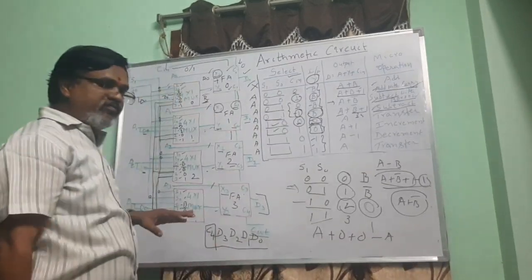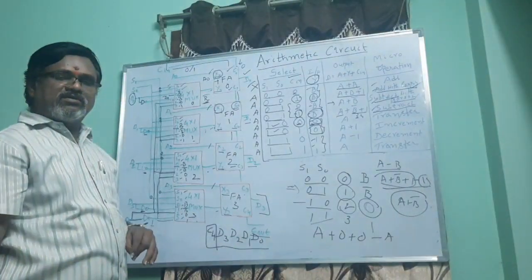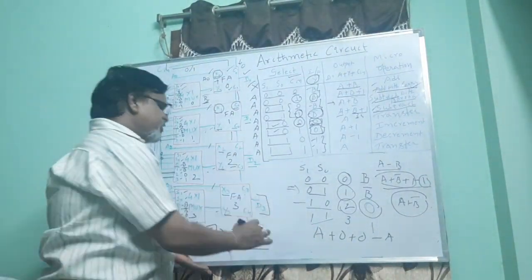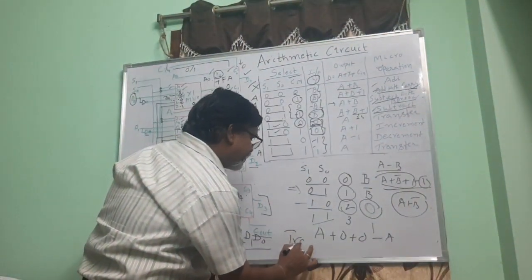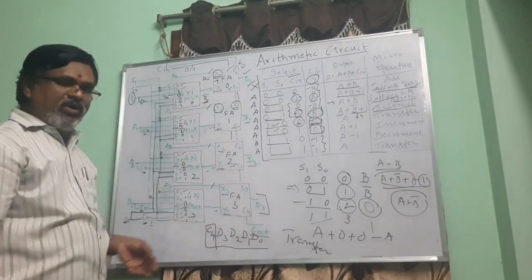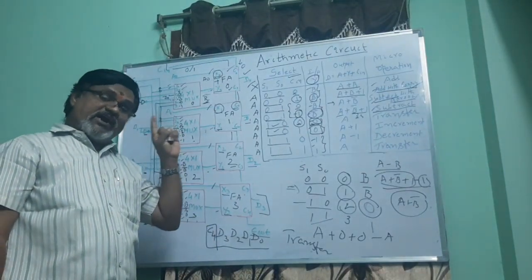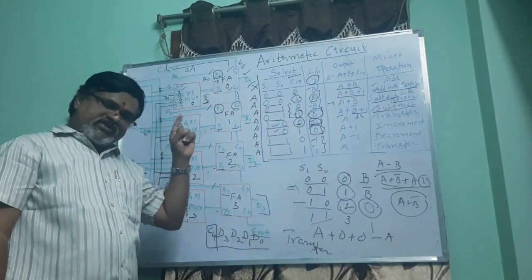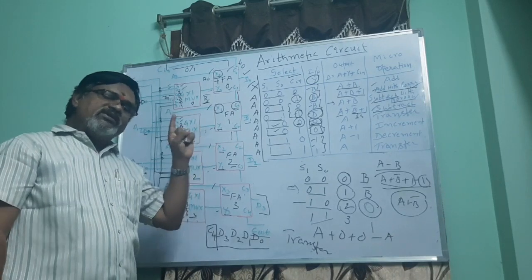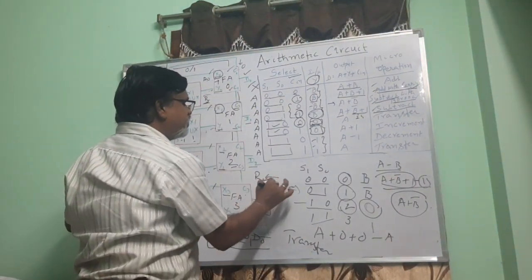So when you give A as input and A is generated as output, this is nothing but transferring the same input value. So here what we are performing is our normal register transfer operation. In the first class or second class I told you about register transfer operations, that is R1 is R2.